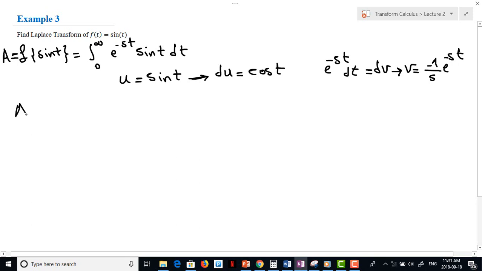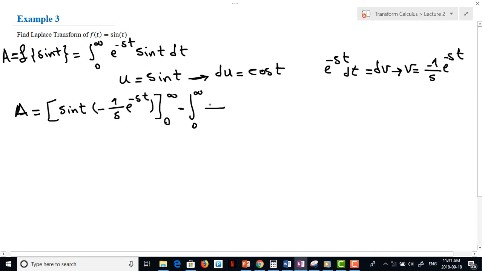So A, which is the Laplace transform of sine t, is equal to this integral, which is equal to u times v. So u is sine t and v is minus 1 over s e to the power of minus st. I have to apply the lower limit and upper limit, minus the integral from 0 to infinity v du.